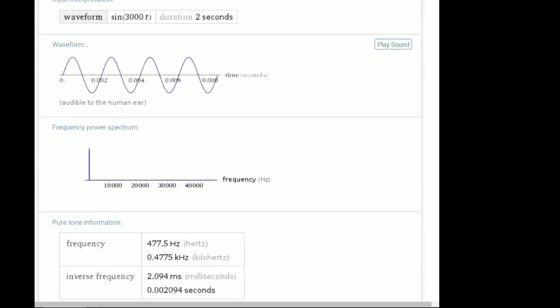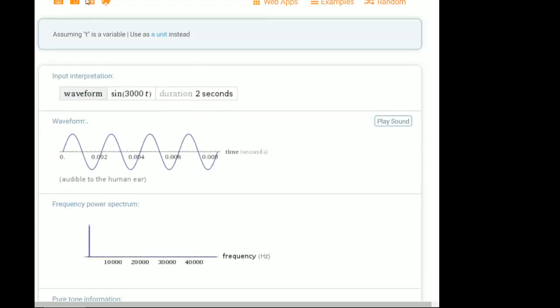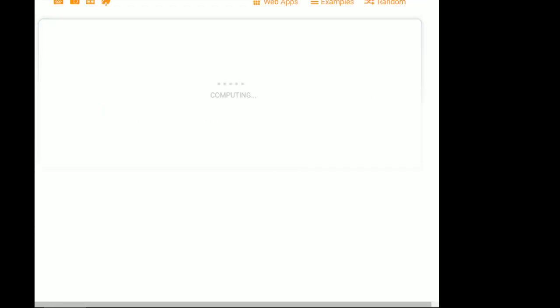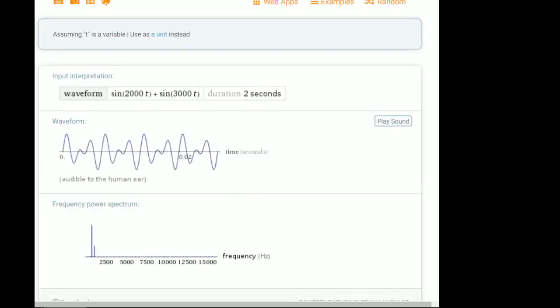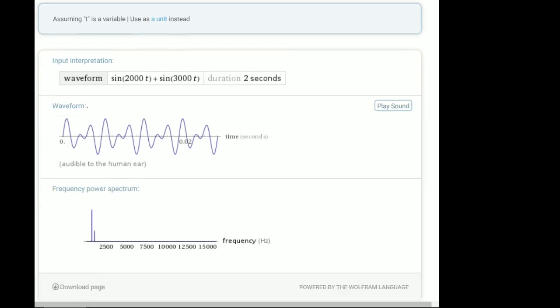Okay, so once we have that, we can try to build other signals. So I will try to do sine of this. We have another sine with a different frequency and with the same amplitude. Now it looks like a less clear signal.